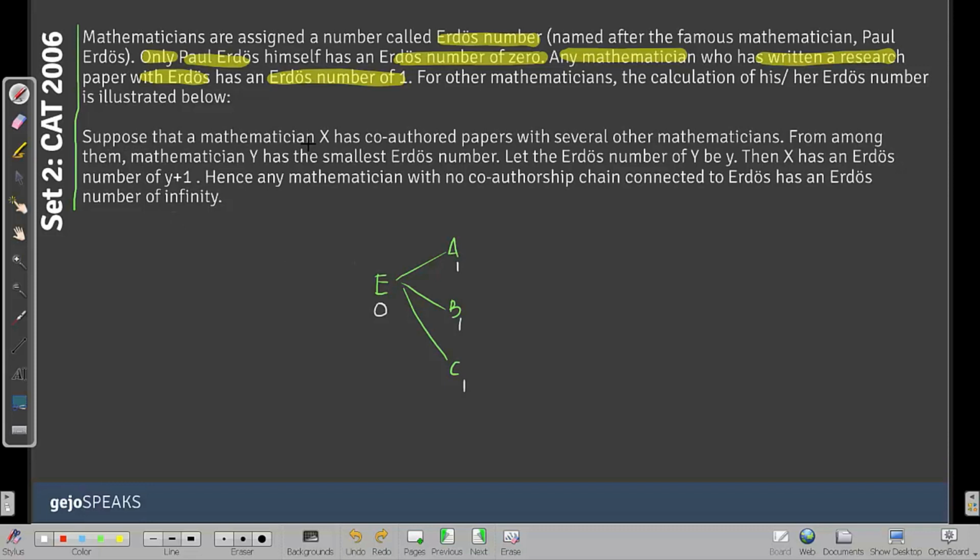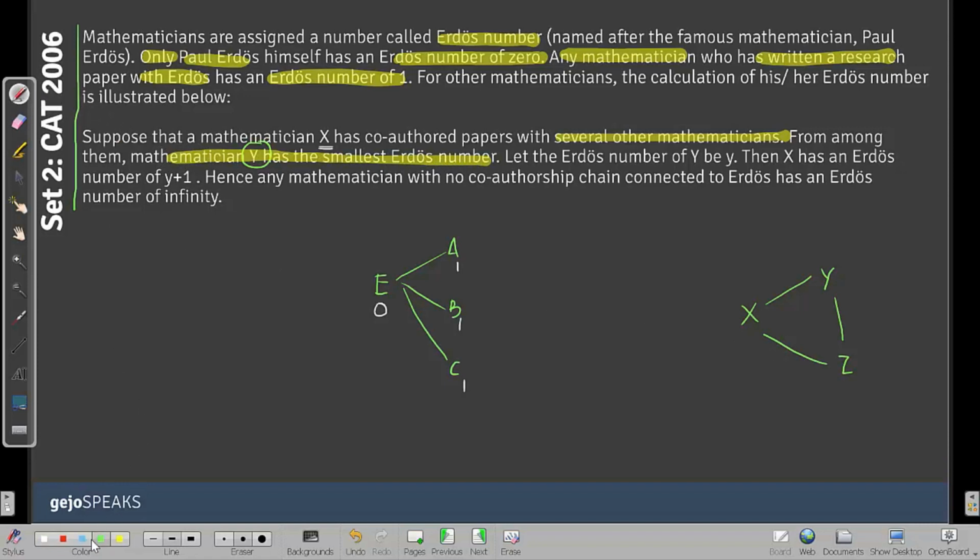And then it says, supposing a mathematician X has co-authored with several other mathematicians. Let's try and understand what that means. So let's say X has co-authored with several other mathematicians, let's think of three mathematicians there: X, Y, and Z. Let's say there is a co-authoring that happened between X, Y, and Z. From among them, mathematician Y has the smallest Erdos number.